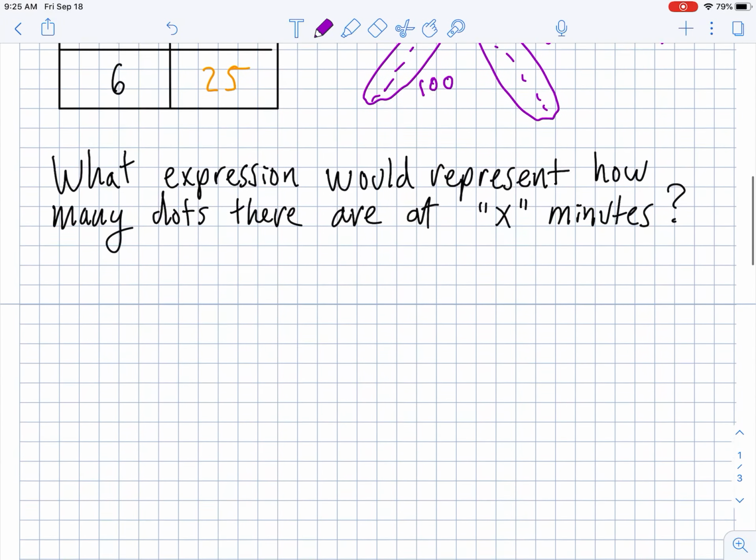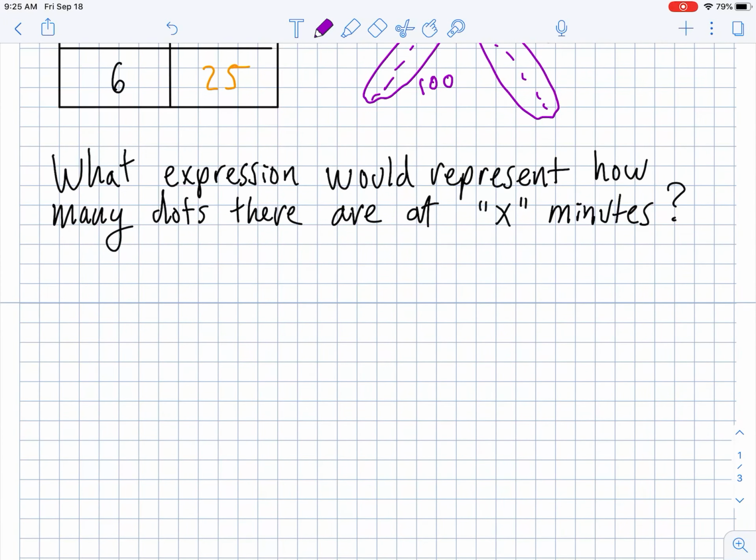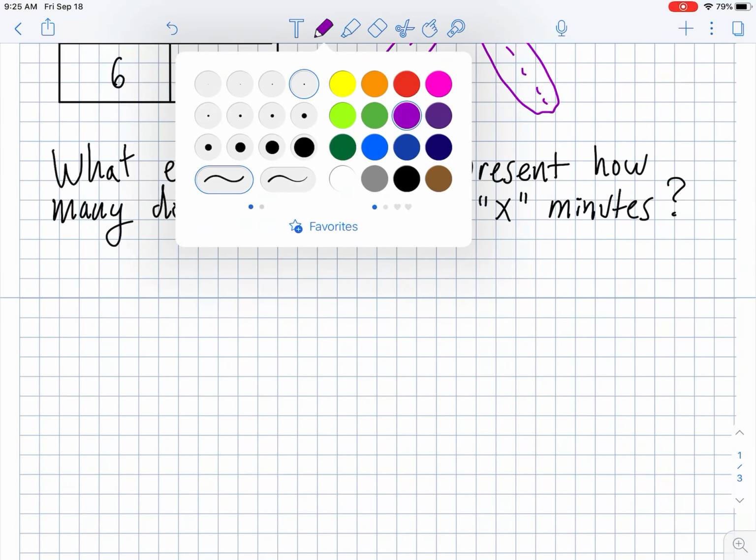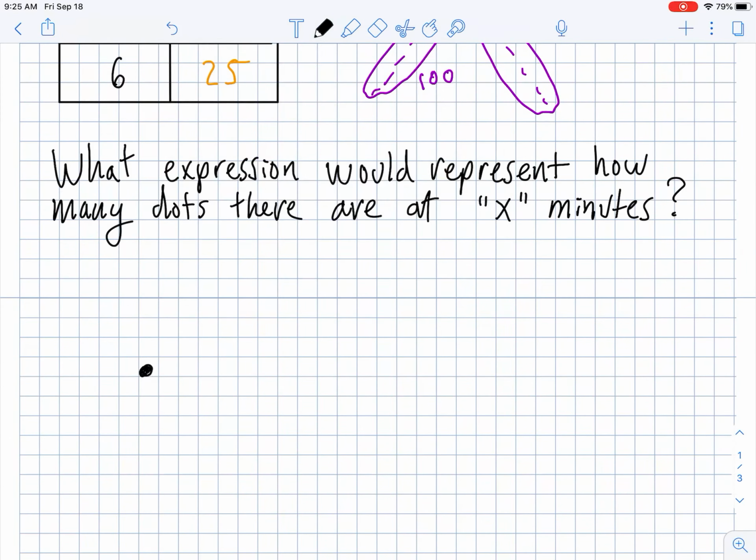What expression would represent how many dots there are at X minutes? Well, we could sort of draw the same diagram again. So you're always starting with that center dot, and then there's a bunch of dots on the outside. But now we don't know how many dots there are.